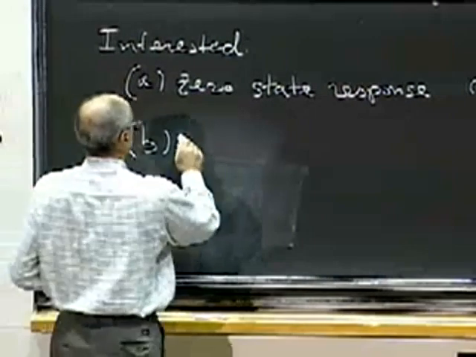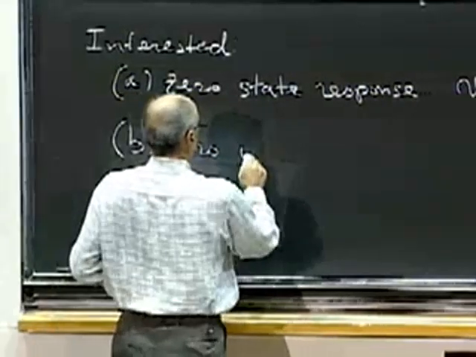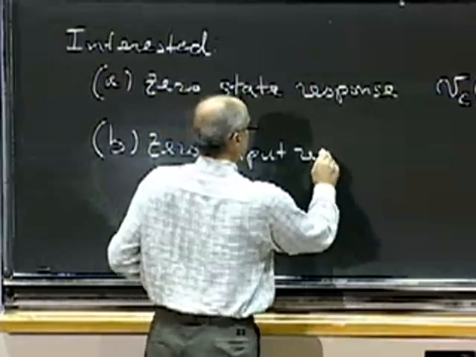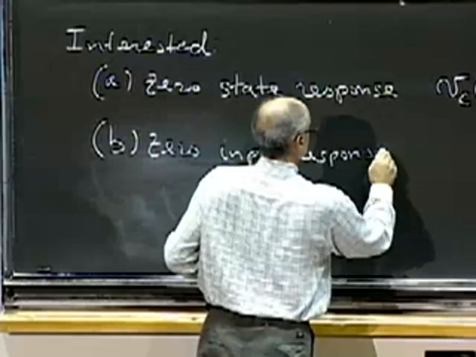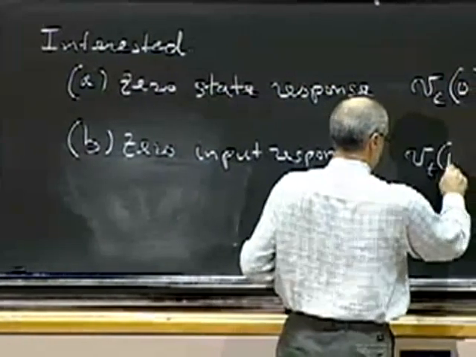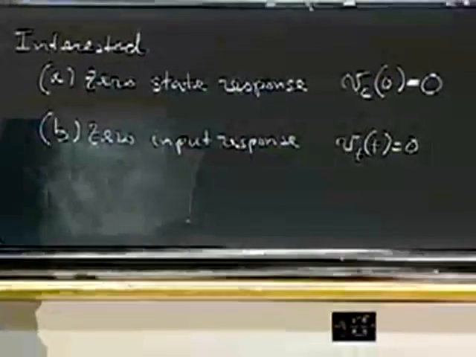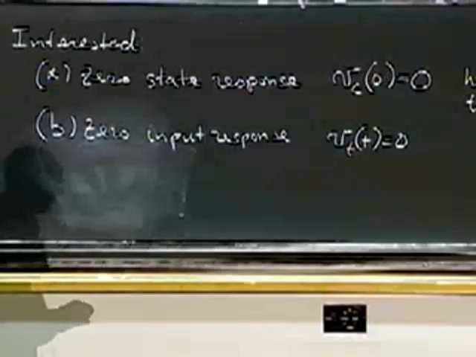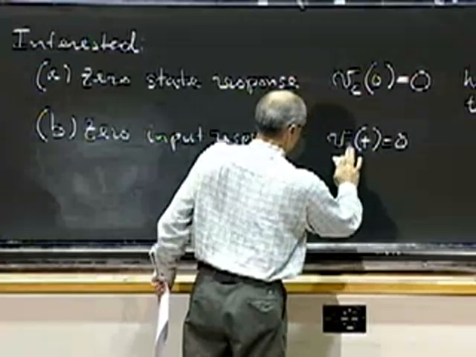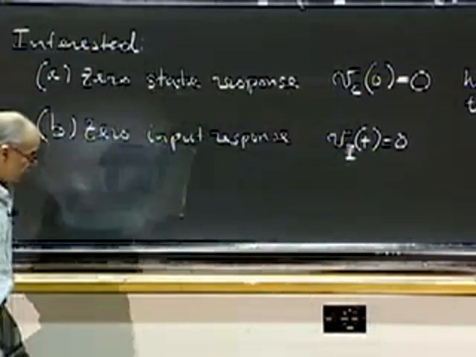The second condition in which we're also very interested is the so-called zero input response. So what is that? That is Vi of t equals 0. Now, the condition under which there is no input, Vi of t equals 0.